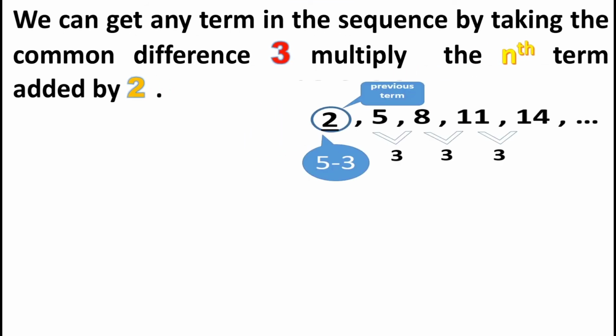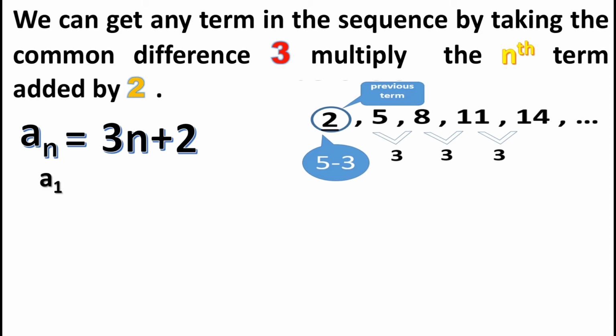We can get any term in the sequence by taking the common difference, 3, multiplied by the nth term, added by 2. So this given is the formula in getting the explicit form.